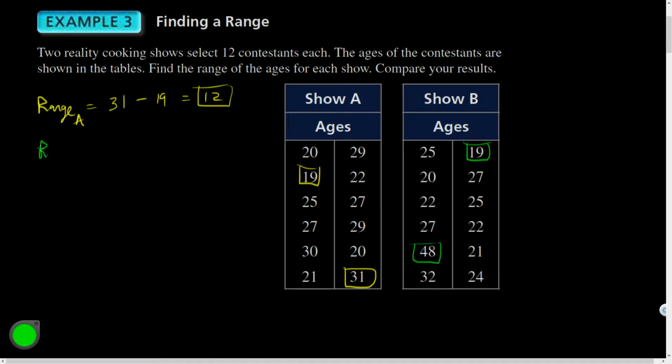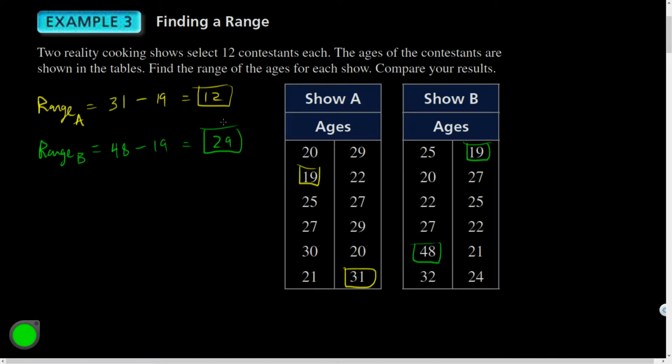So the range for B is going to be 48 minus 19. What do you guys get for that? 29.